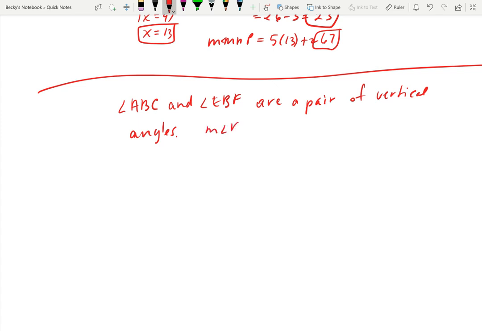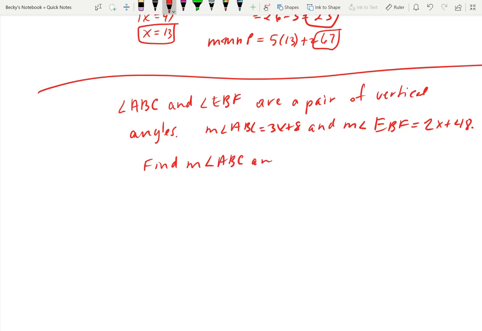The measure of the first angle is 3x plus 8, and the measure of the second angle is 2x plus 48. Our goal is to find each measurement of ABC and EBF.